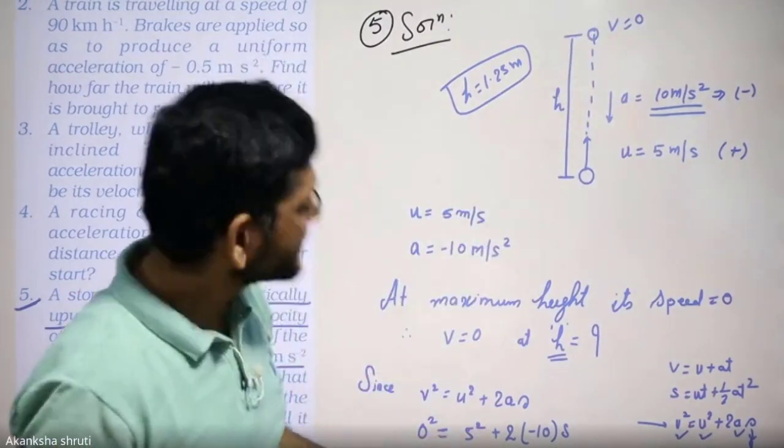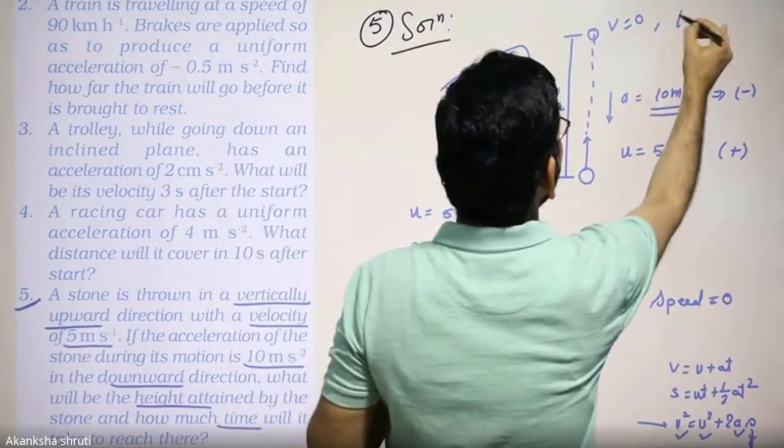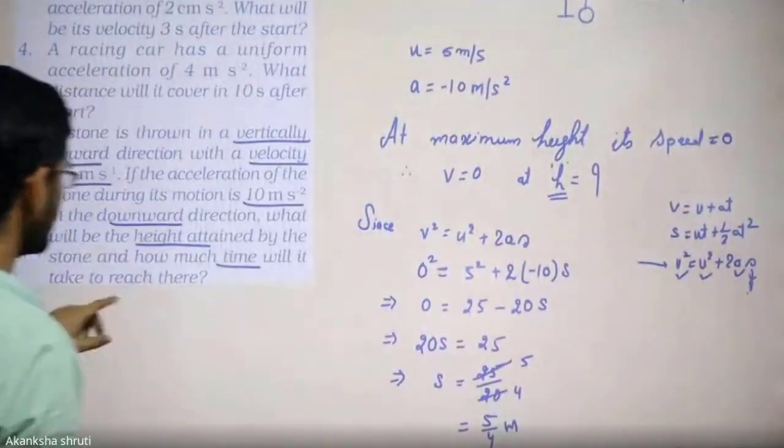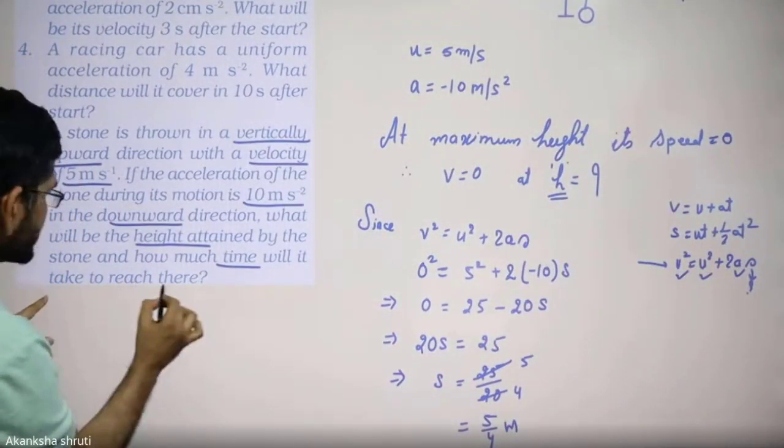Now, student, here it may be asked, at what time its speed becomes 0? I think that is also the question. Yeah, the next part is how much time will it take to reach there?